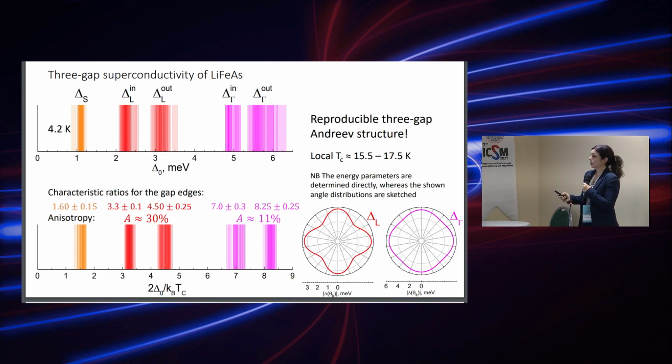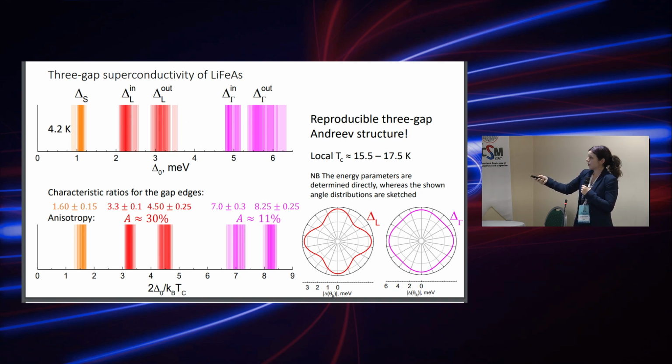Summarizing the directly determined energy characteristics for various junctions in various samples with a range of local critical temperatures, and depicting each energy position as a semi-transparent bar, we can plot such a color histogram.